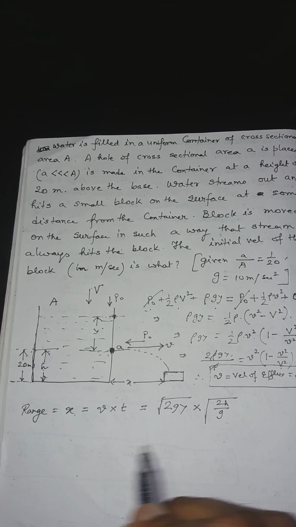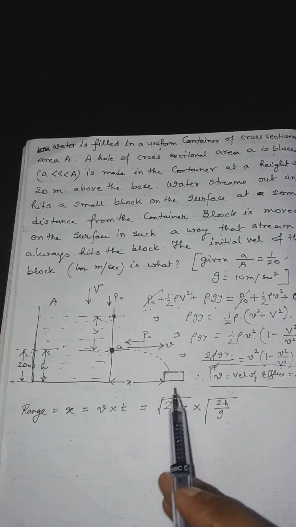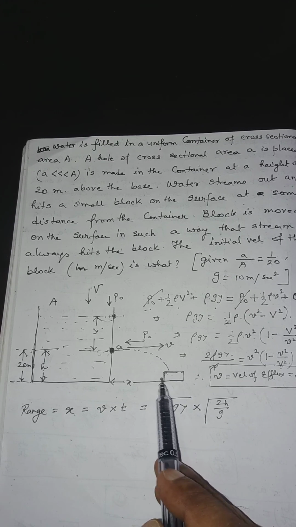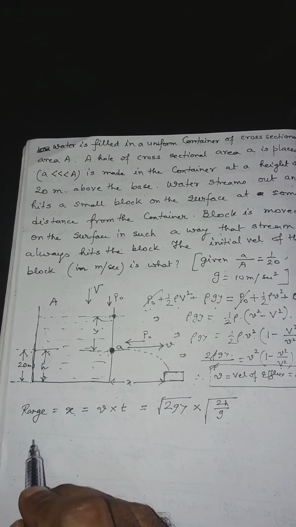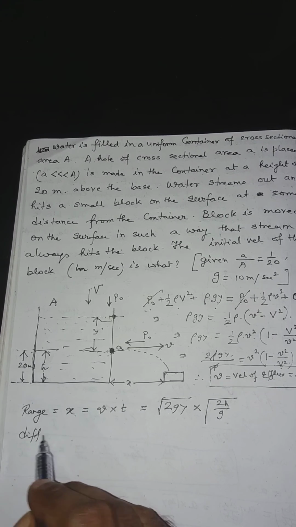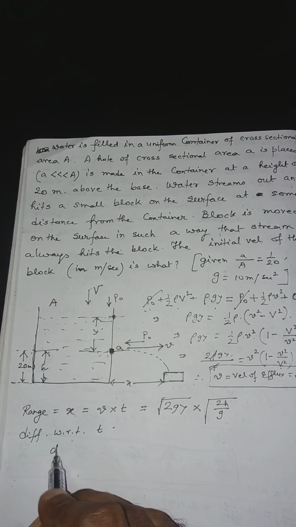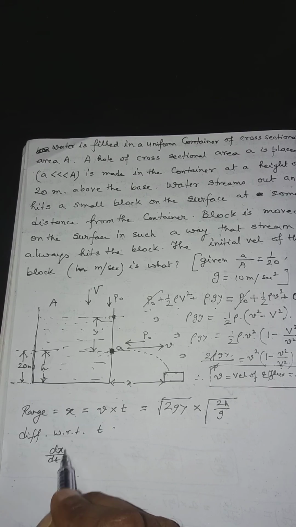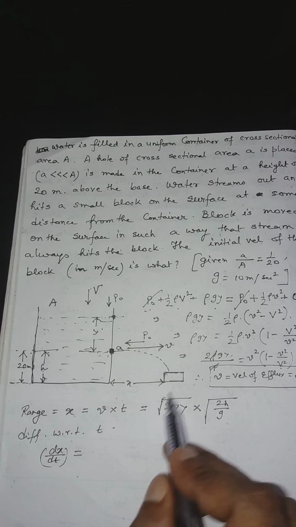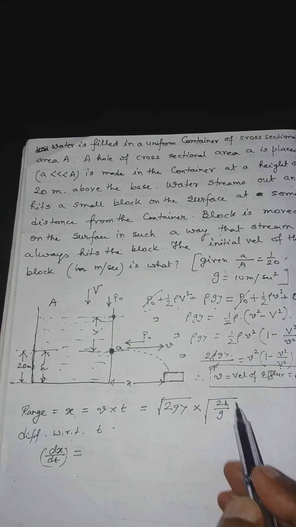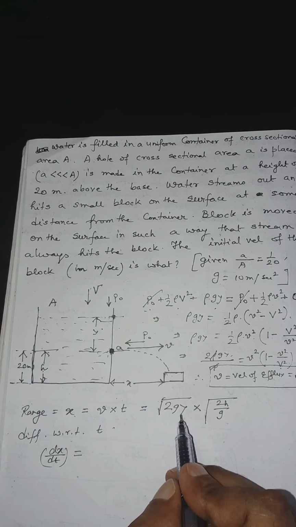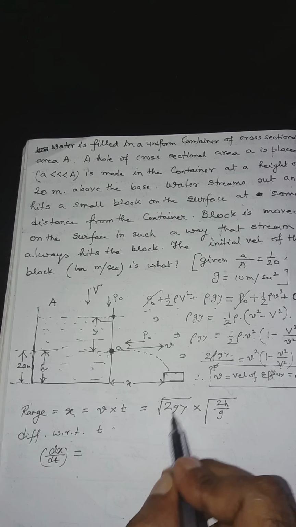To find out the velocity of this small block in the horizontal direction, we have to differentiate it with respect to t. So we will get dx/dt after differentiating this entire thing. Now this is a constant, this is also a constant, so you can strike out g and g.